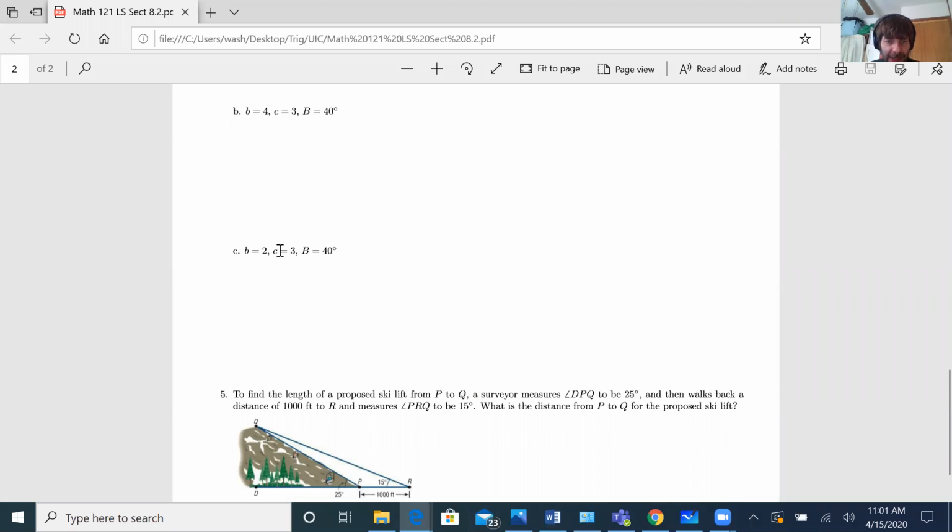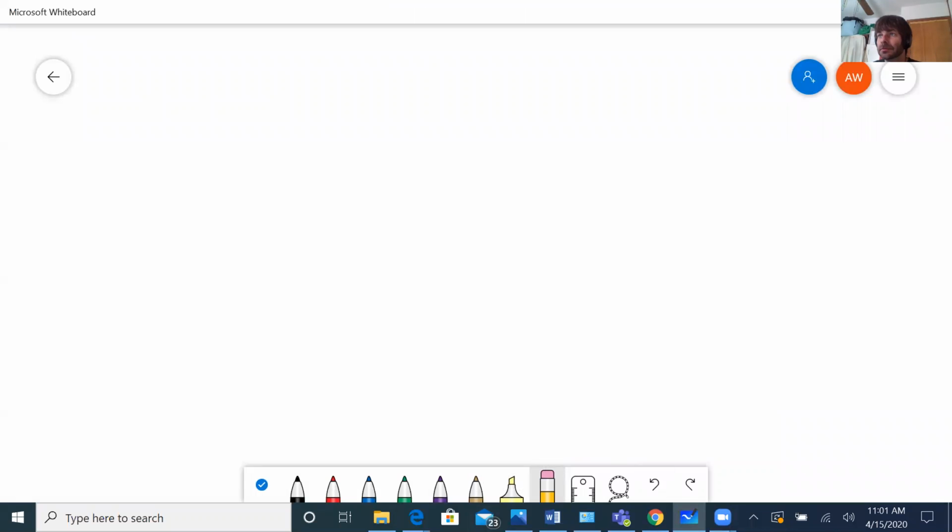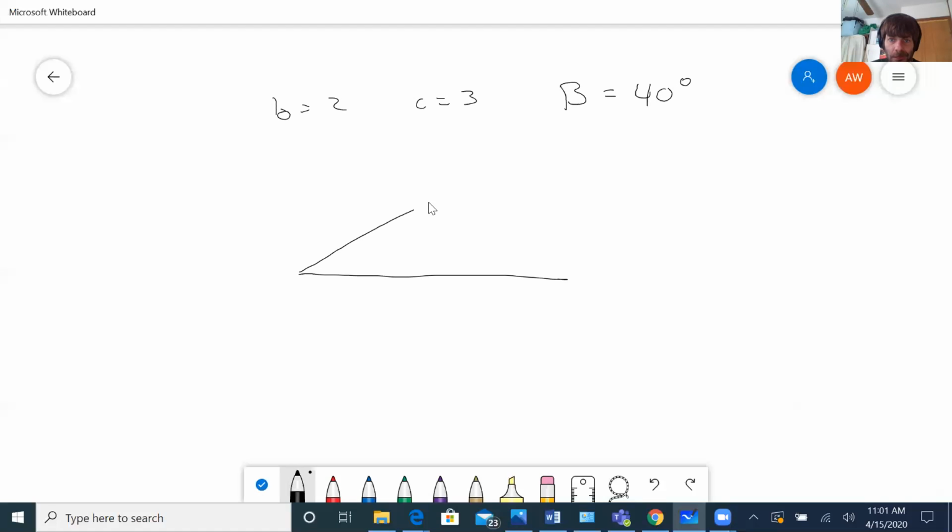B is 2, C is 3, and the angle is 40. So just filling in all of our information.